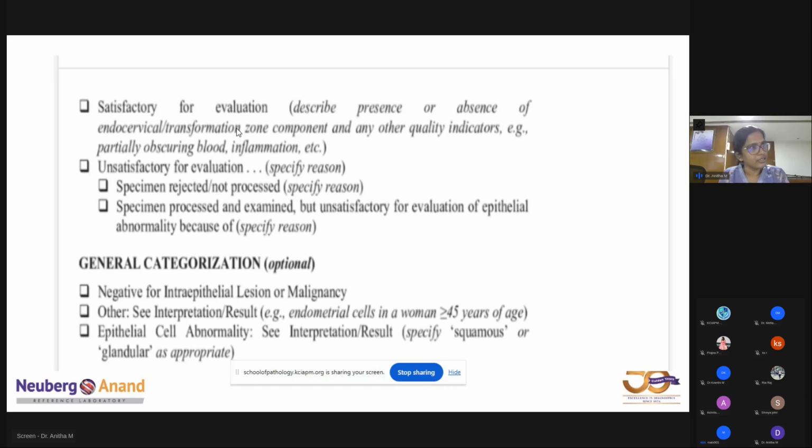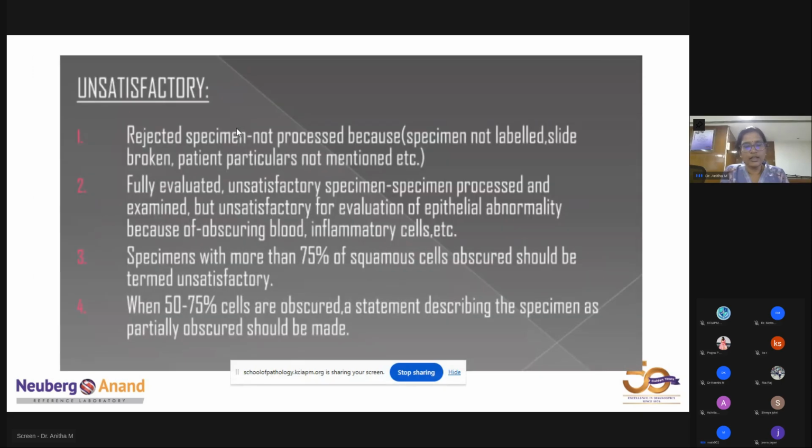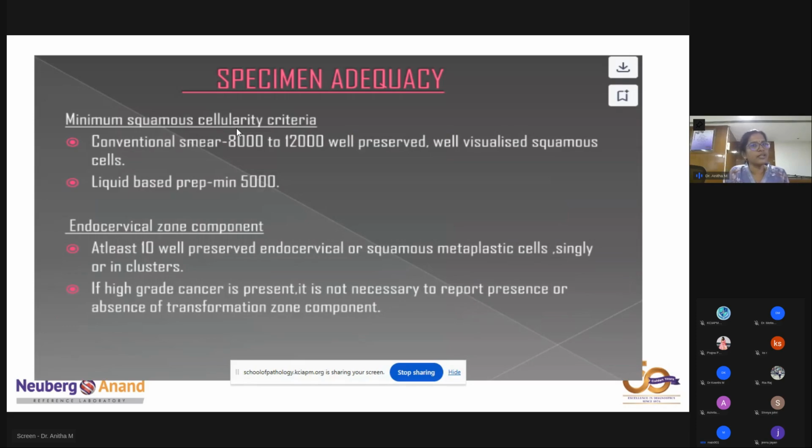Is there any pre-analytical cause where you can call it unsatisfactory? I don't know, ma'am. Whenever the slide is broken or it is not labeled, you can call it unsatisfactory. And the criteria for specimen adequacy is, in conventional, as you told, 8,000 to 12,000 well preserved cells.